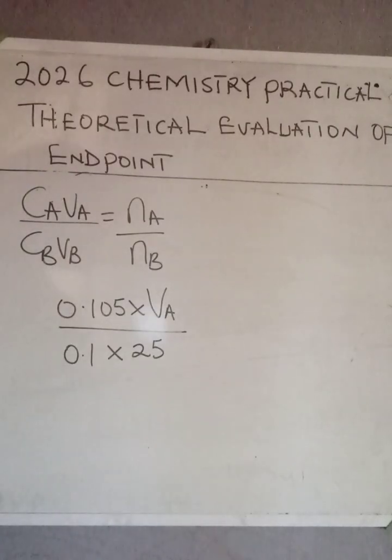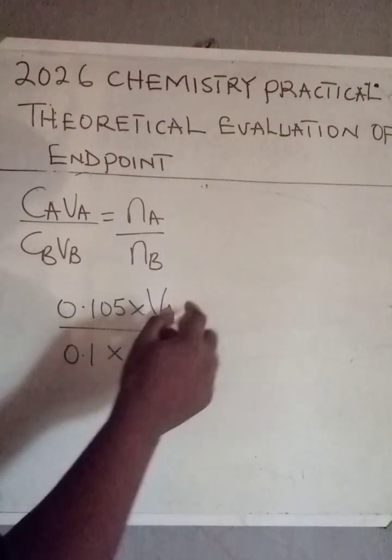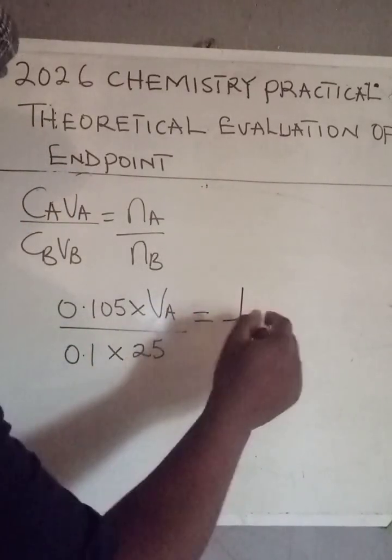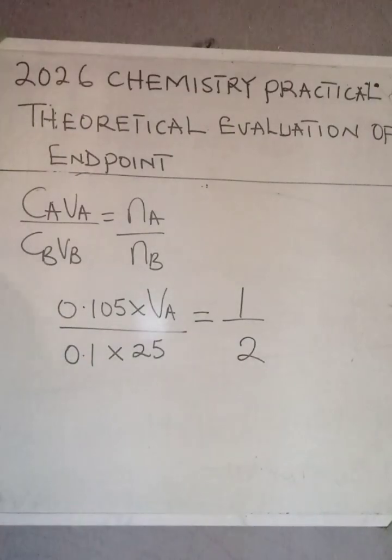Some pipettes have 20 cm cube capacity, some have 25, but the common one has 25 cm cube capacity. So we have 25. Now that's equal to number of moles of acid, which is 1 from the equation, over number of moles of base, which is 2.